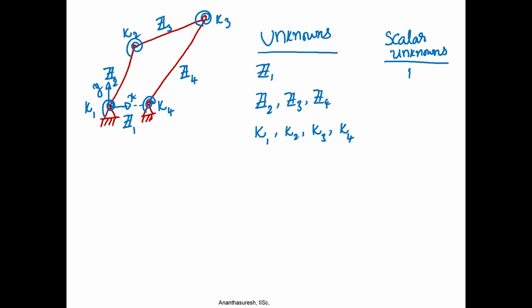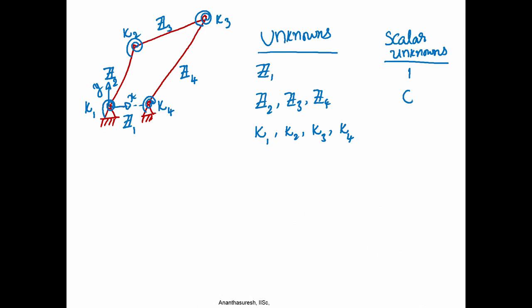In general, you can orient whichever way, that does not matter for function generation, because we are only worried about the angle theta and angle psi, whichever configuration it is, it does not matter. So, that is why we count it as 1, and then here we have 6 unknowns, because each of these Z2, Z3 and Z4 have 2 scalar unknowns in them.